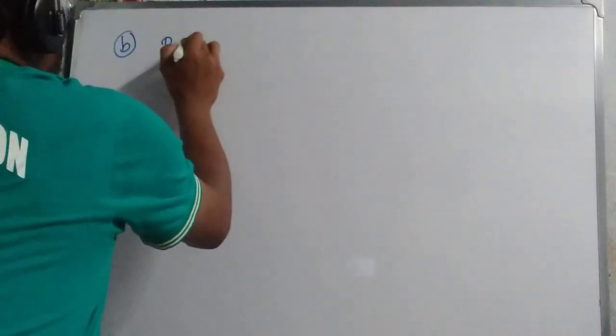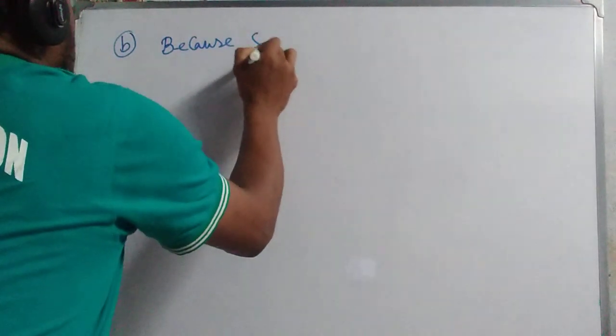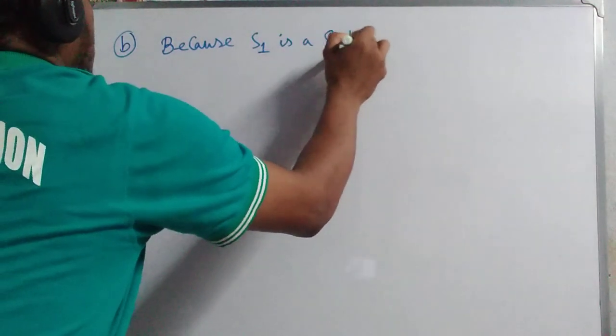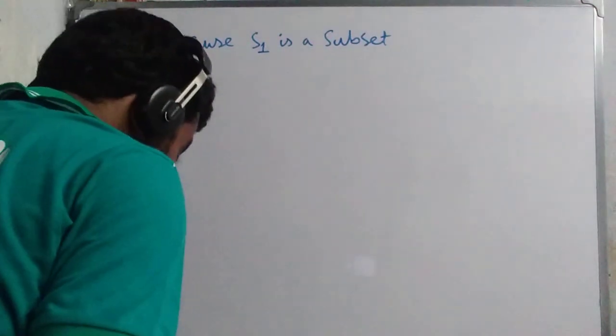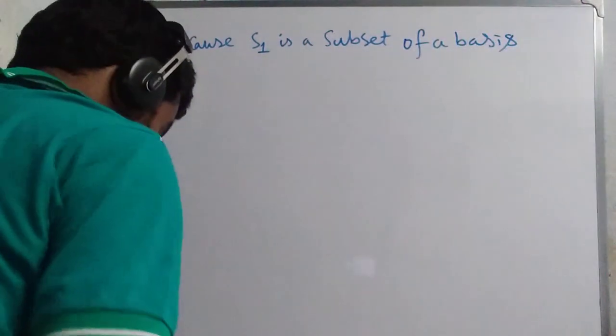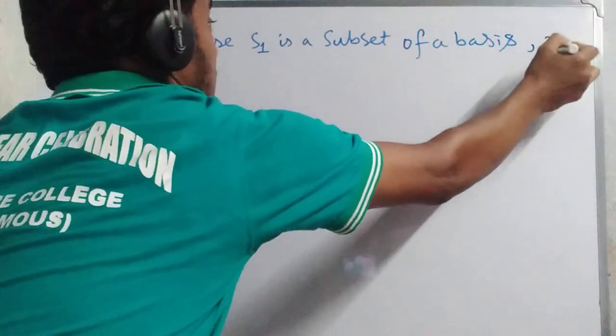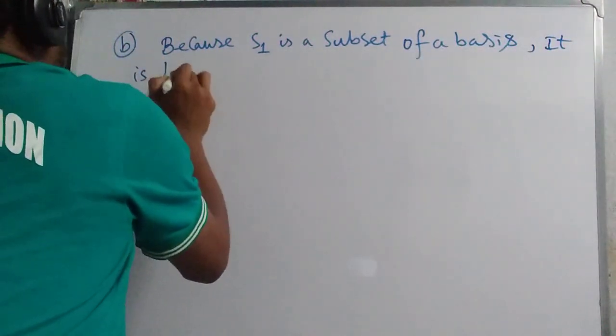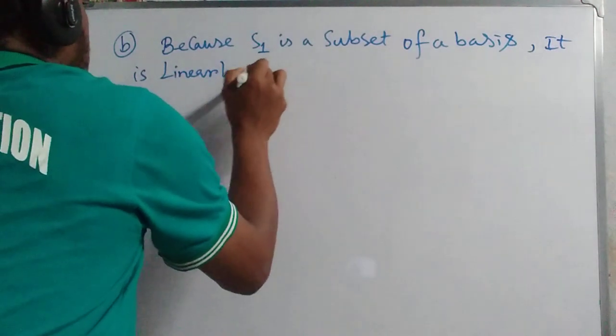Now we write option B, and discuss that S1 = {vk+1, ..., vn} is an orthonormal basis for W perp. Because this one is a subset of a basis, it is linearly independent.